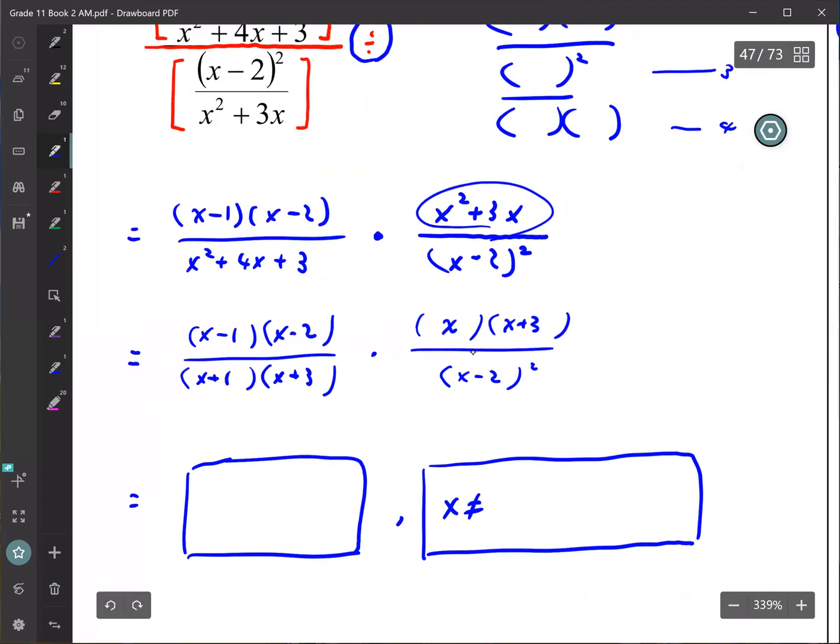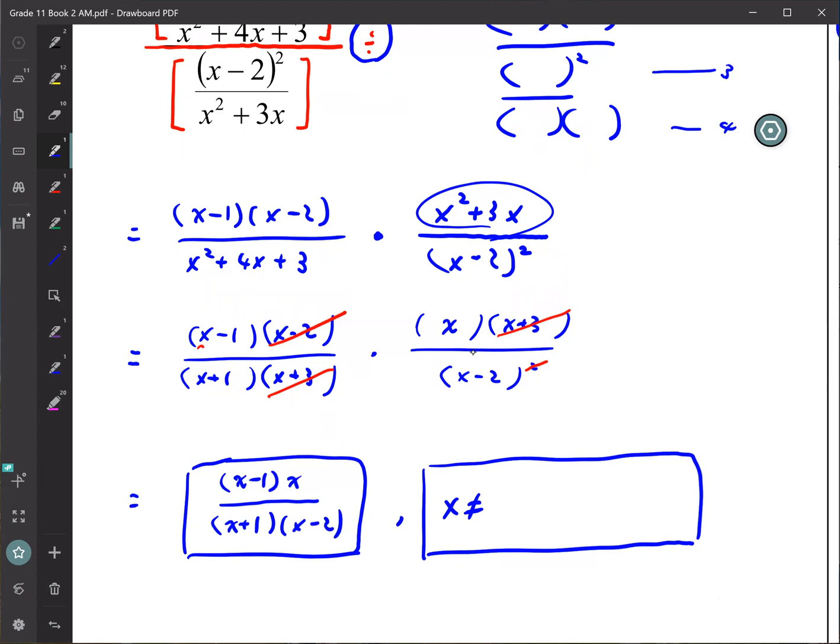So now we can start doing the cancel out. X plus 3 is gone. X minus 1, no, X minus 1 is not. X minus 2 cancels out with the square, okay? So you should be left with X minus 1, and then X plus 1, and X minus 2.